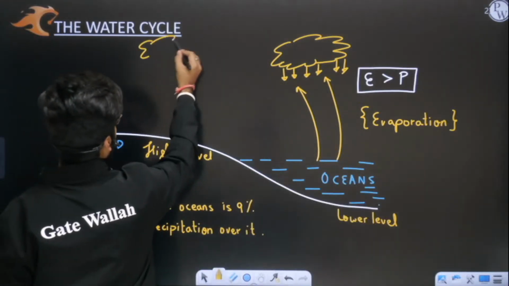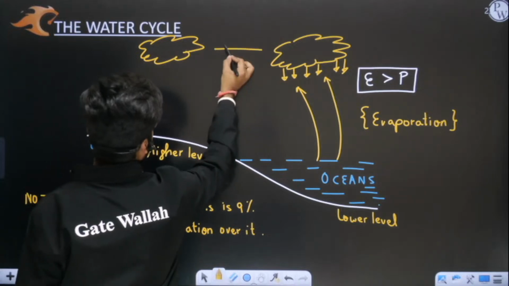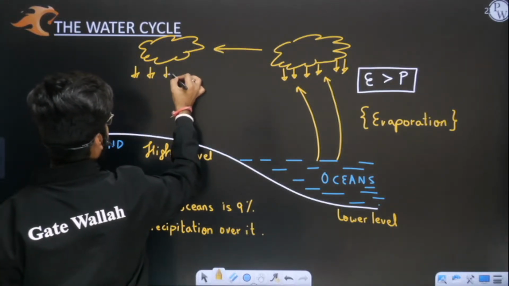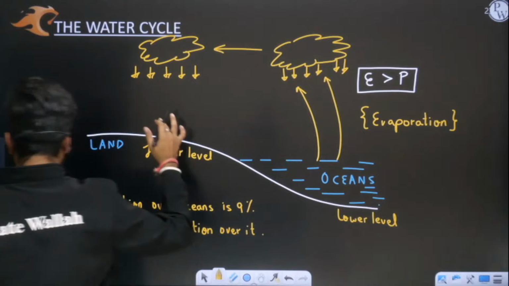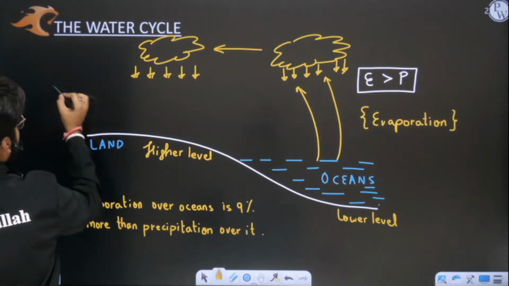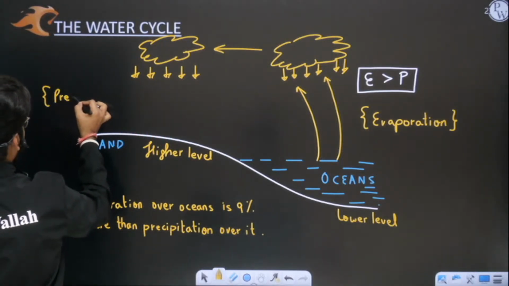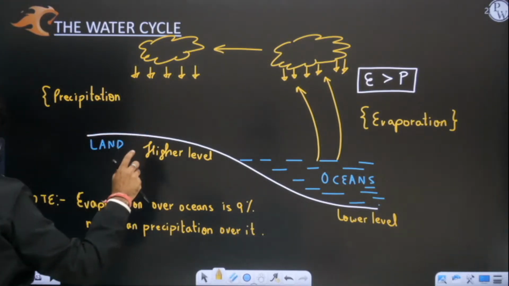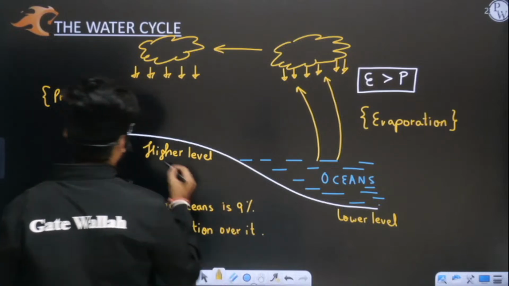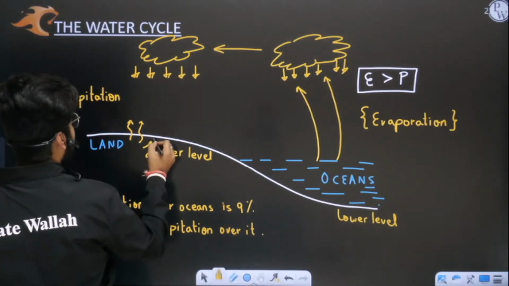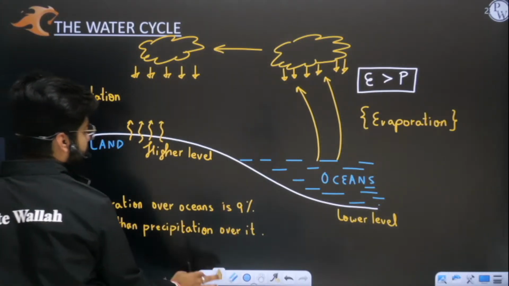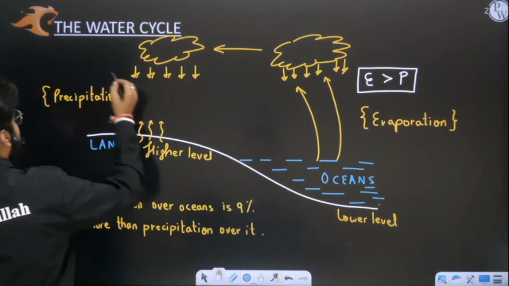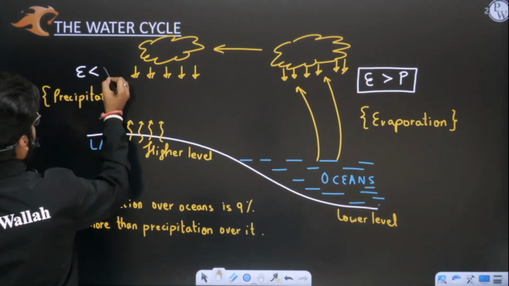See, when this cloud moves over the land masses, precipitation will occur. On land masses, you all know evaporation is also there. But what is more?